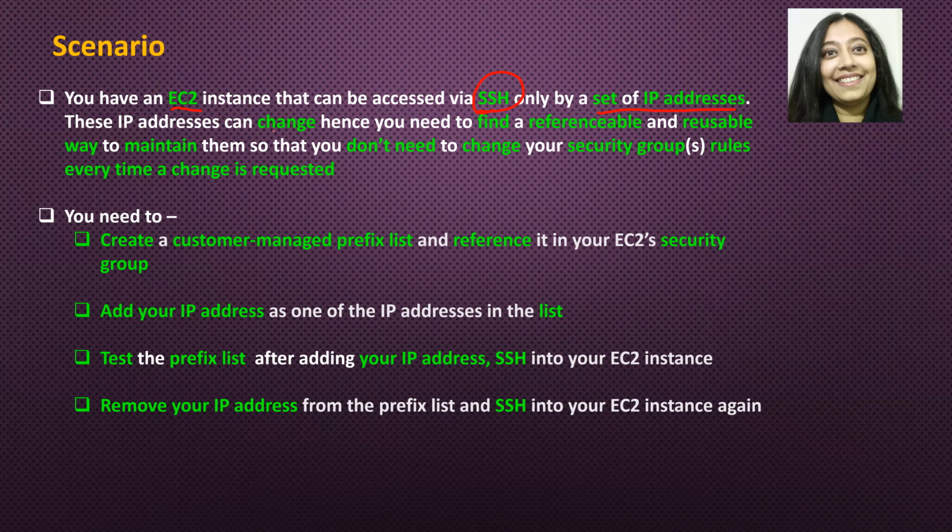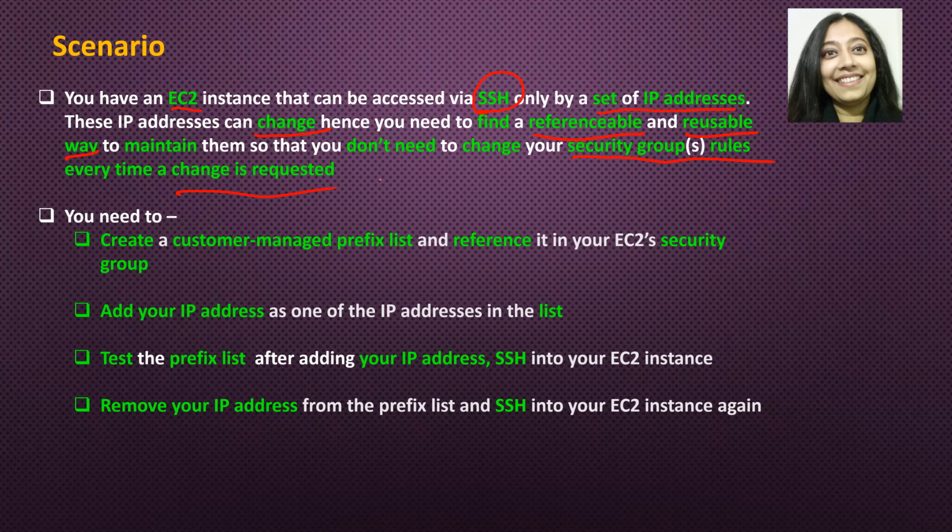These IP addresses can change. Hence, you need to find a referenceable and a reusable way to maintain them so that you don't need to change your security group rules every time a change is requested, right?